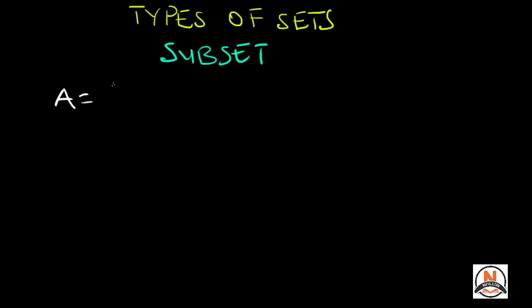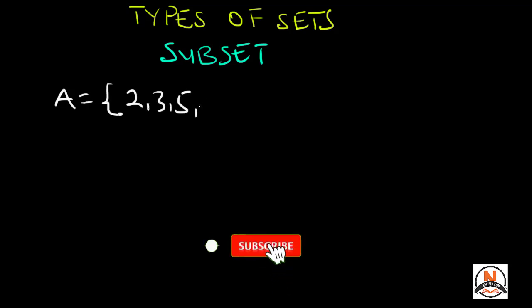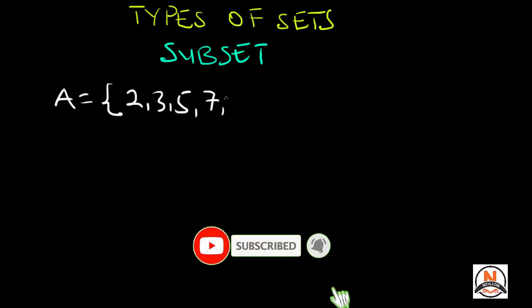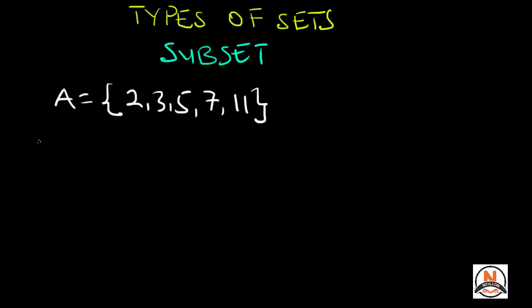Set A has these elements: 2, 3, 5, 7, and 11. And then set B has these elements: 5, 7, and 11.